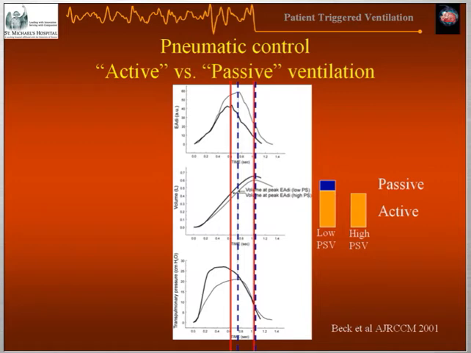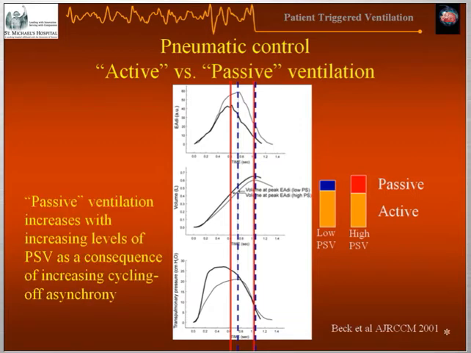This part is relatively small compared to the active part with low support, but it doubles when we increase the pressure support. So in this case, we can conclude that passive ventilation increases with increasing levels of pressure support ventilation as a consequence of increasing cycling off asynchrony. I don't think this is really any news to anybody.